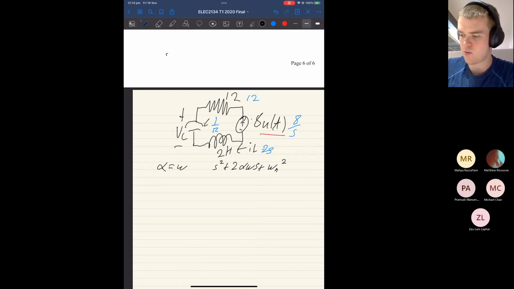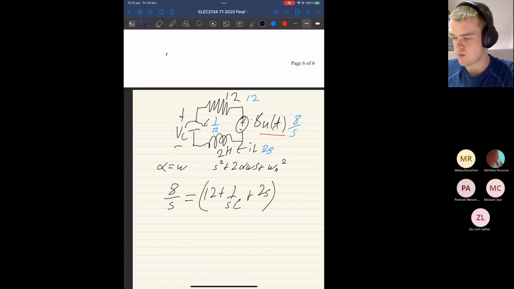And so then we have a voltage, 8 on s, is equal to the current flowing across all of these. So it's going to equal 12 plus 1 on sC plus 2s multiplied by minus IL of s.